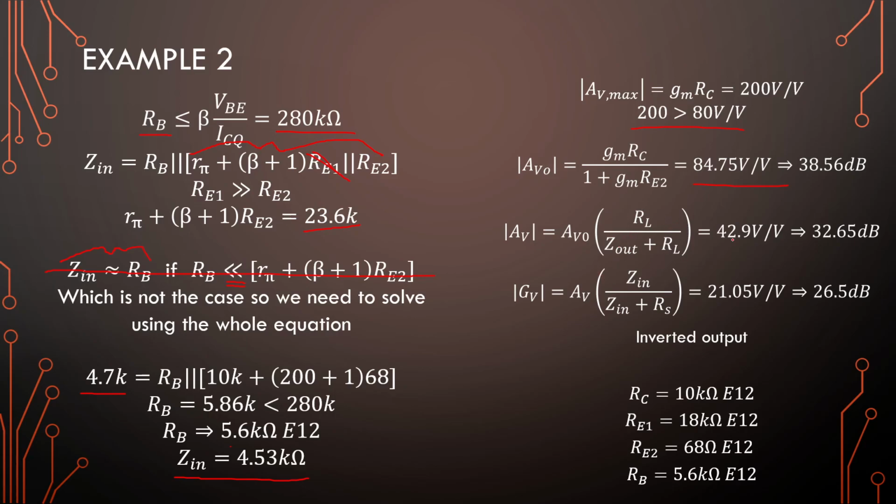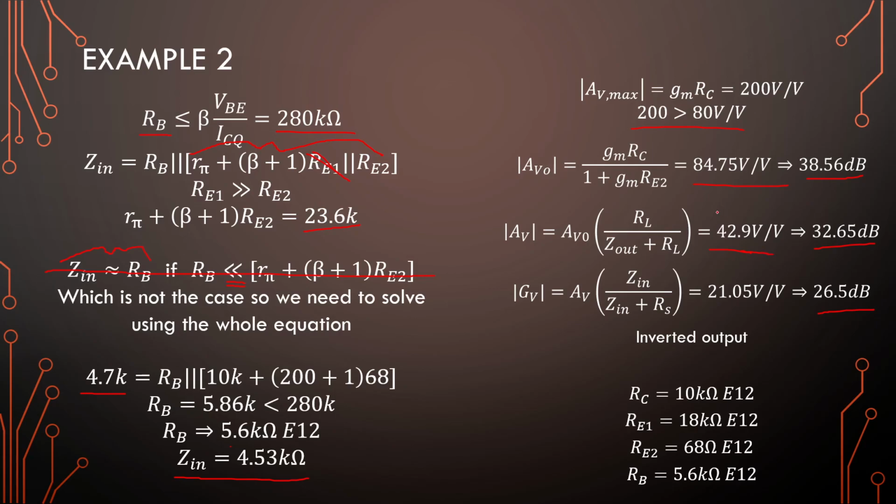Adding the loading factor on the output, 42.9, matched output impedance, so that should be half. And you'll note that there is a roughly 6 decibel drop from stage to stage, because 20 log of 0.5 is minus 6 dBs. So every time you just subtract 6 decibels from this.